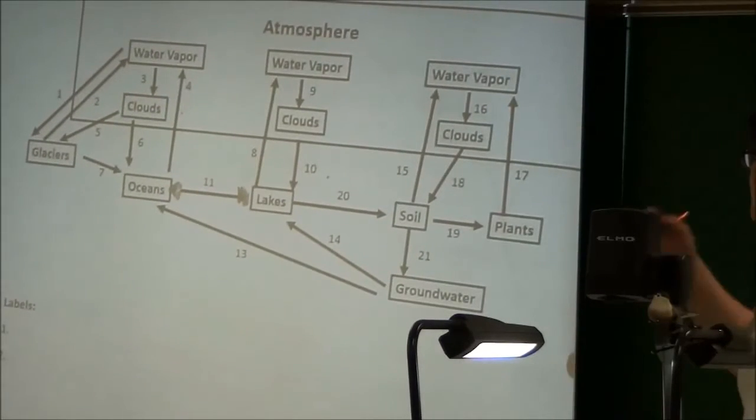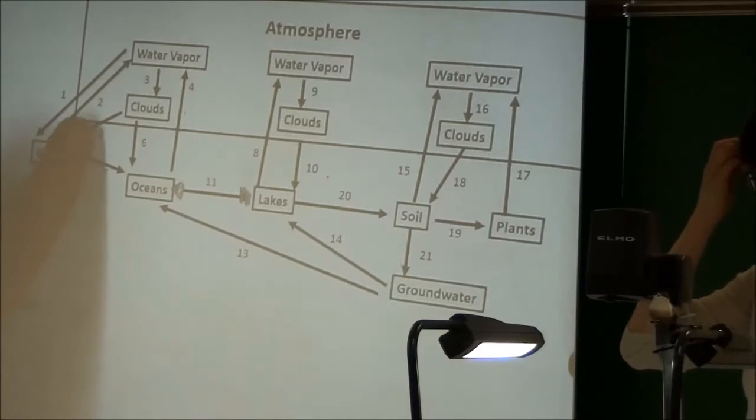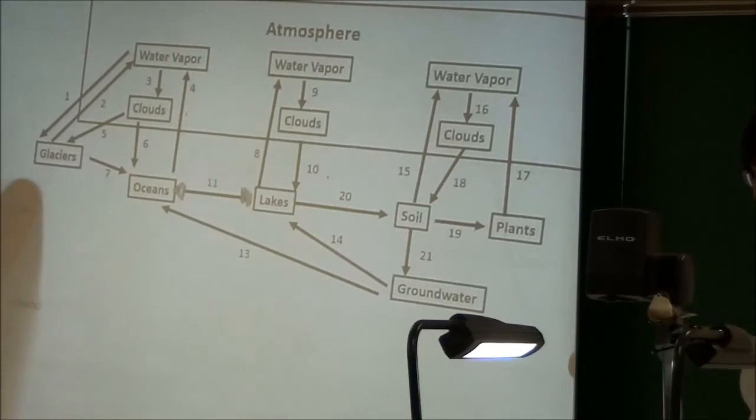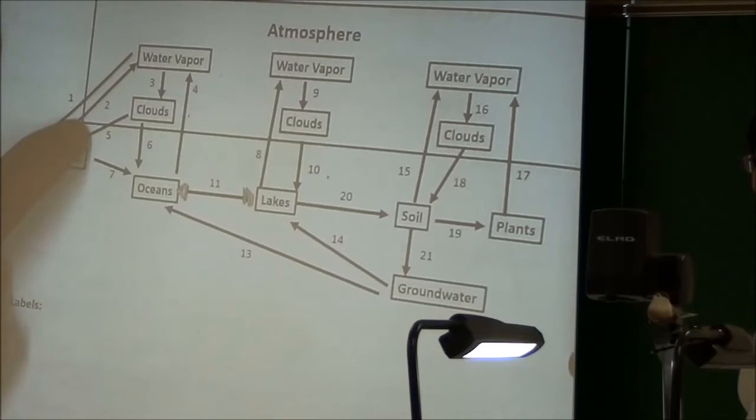So this is the diagram that you need. What you should be most concerned with is that you're able to label these. So why don't we go ahead and talk about these very quickly. One is what? Deposition. Two is? Sublimation.